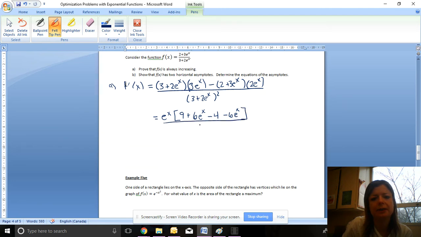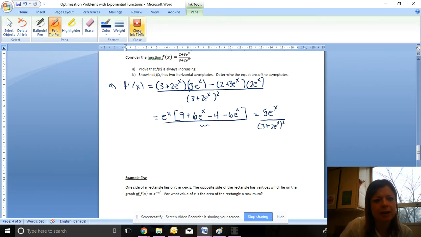I'm just going to leave that. And then if we simplify this, we get 5 e to the x all over (3 plus 2 e to the x) squared.